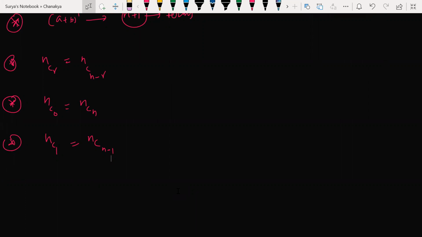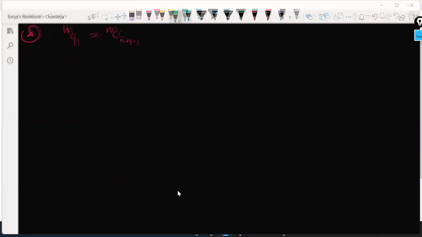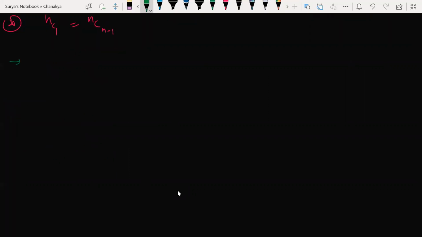Sir, this is the (a plus b) to the power of n formula. What if we have (a minus b) to the power of n? If you have something like this, you write it as (a plus of minus b) to the power of n. The same formula you used, you will use again but with alternate signs. nC0 a to the power of n, b to the power of 0, which means 1 only.